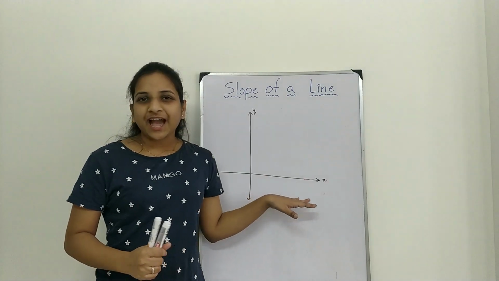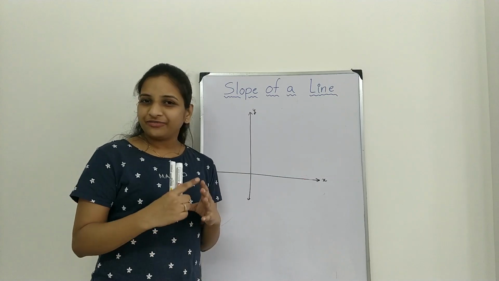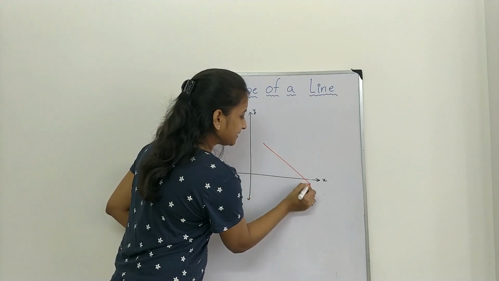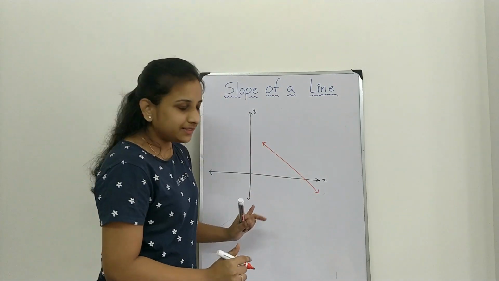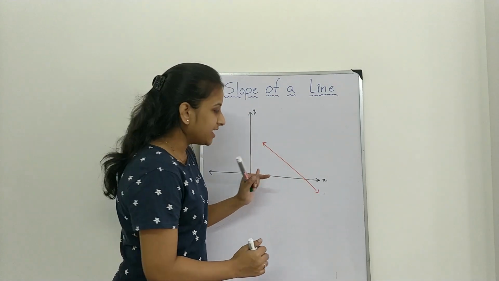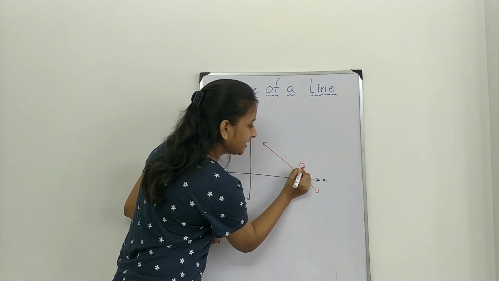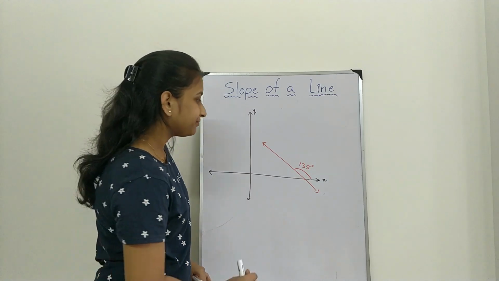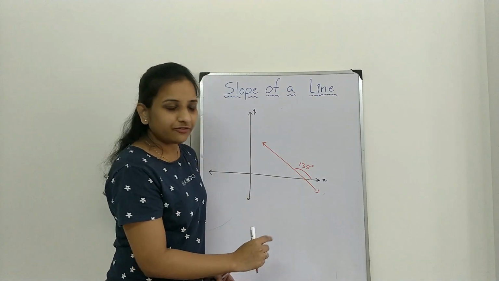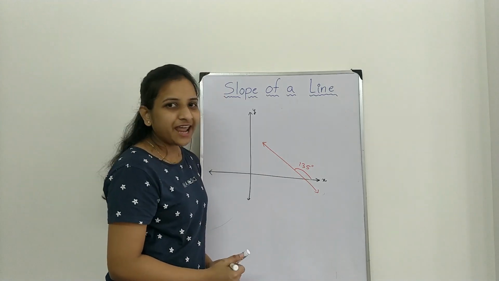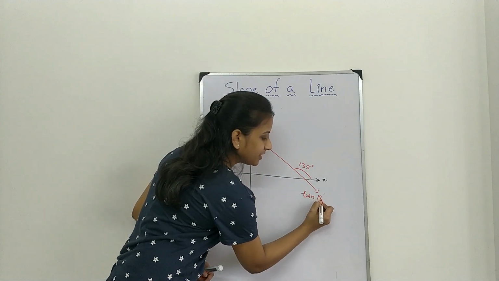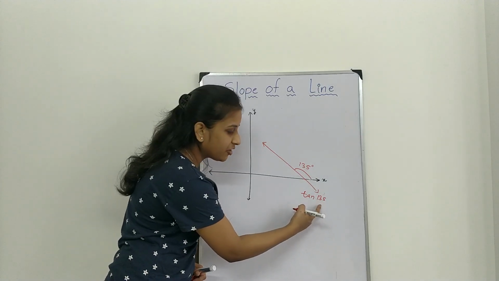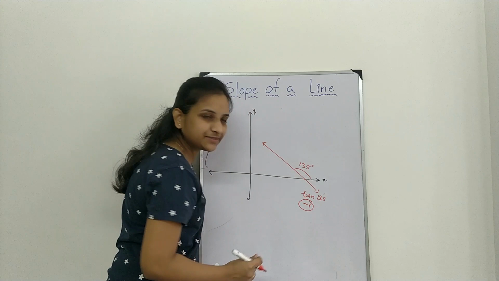In this plane, I am going to draw a few lines. Let's find out the slope of those lines. My first line is like this. This line is making an angle of 135 degree with the positive x-axis. What is the slope of this line? Tan 135. 135 is in the second quadrant, so slope is minus 1.